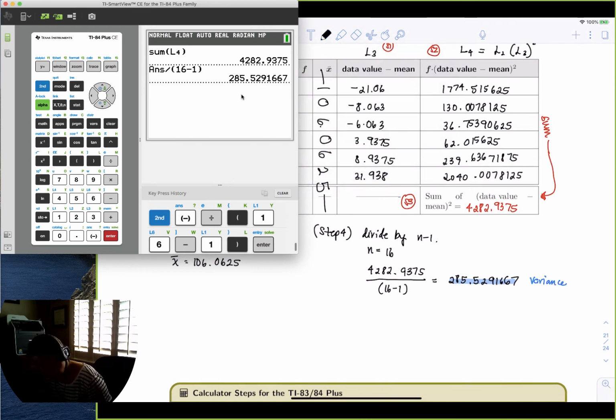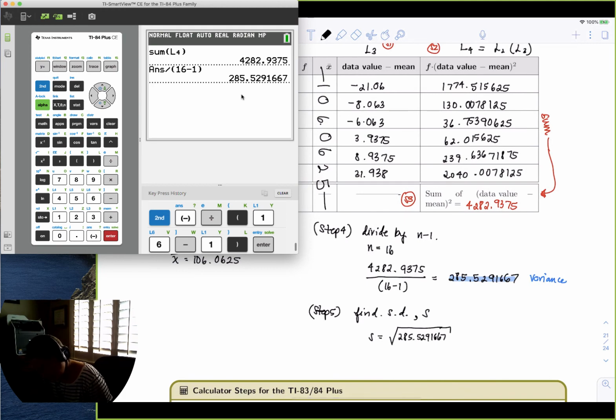Okay. And so step 5, now we can find the standard deviation, S. S will be equal to the square root of the variance, 285.5291667. I don't like to round until the very end. What would I round here?